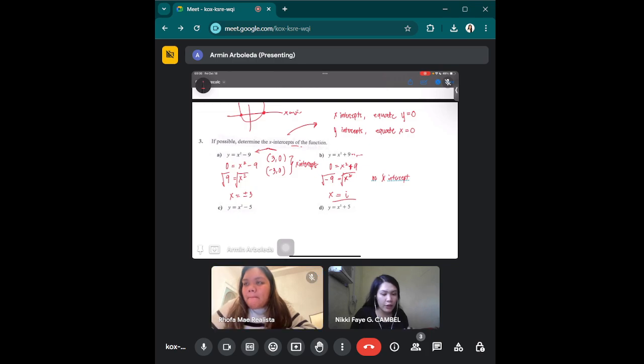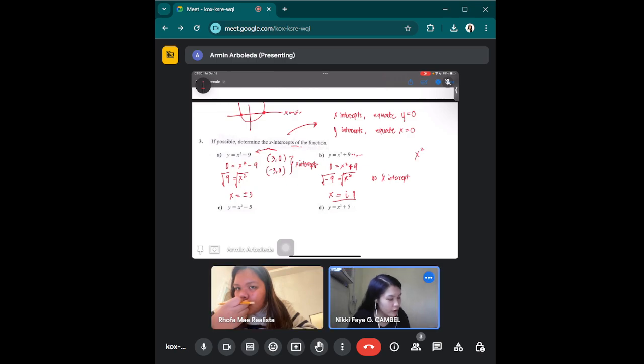If you try po sa calculator nyo, mag-square root ng negative 9, it's gonna give you math error. Kasi nga po, imaginary number yung every time mag-square root ka ng any number that is negative, it's gonna give you an imaginary number. That's why pag i-input mo yung equation na yan sa calculator, it's gonna tell you math error. Tapos yung x squared po, automatic, 0. Yung x squared naman, kasi meron po kasing squared yan. Ito po.